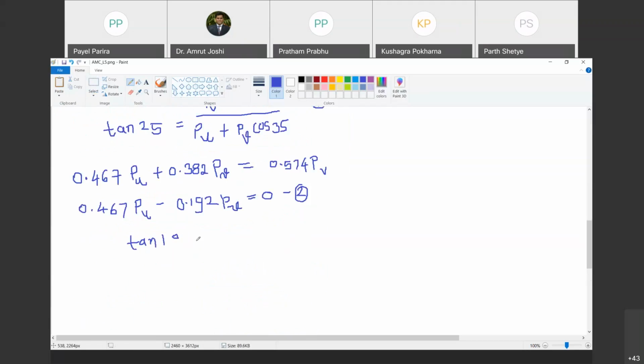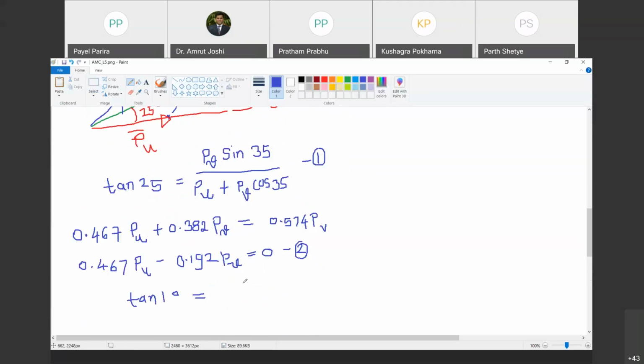What should I write? PU sine 35 divided by PV plus PU cos 35. Very good. So we have to do the same thing now.